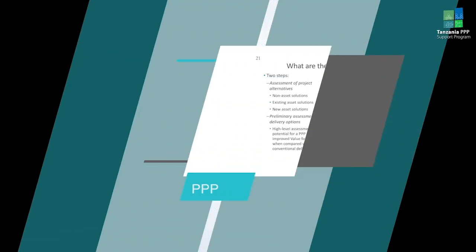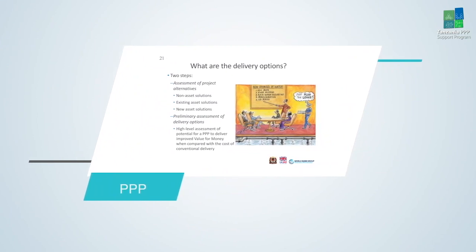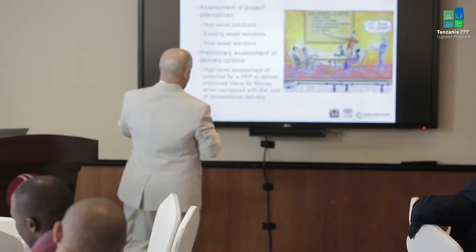We could build a new dam, in this case there's river sharing, or you could build a desalination plant, which is rather expensive. Well, sometimes the simple solution is just fix your existing water system, stop the leaks. You don't need to build something new, just repair what you have. All right? So that would be an existing asset solution.